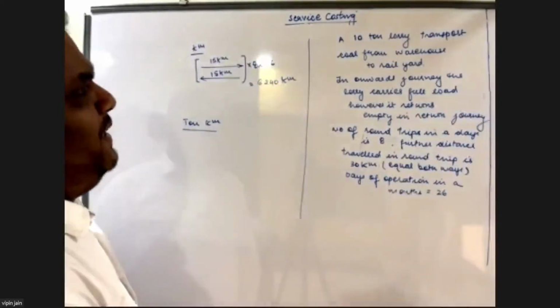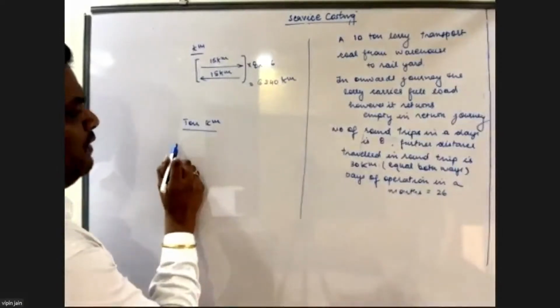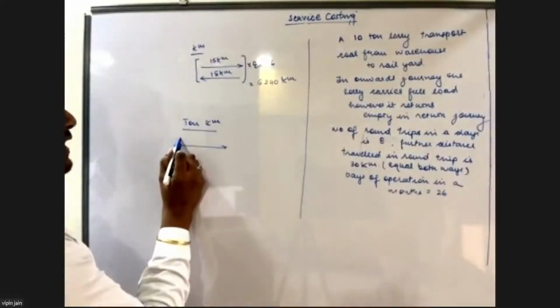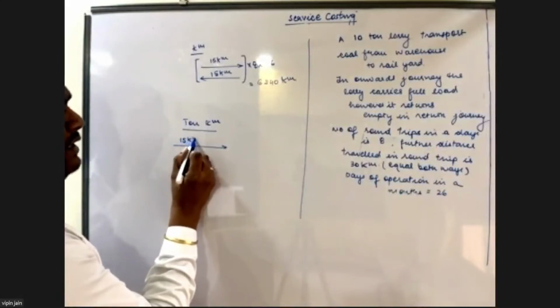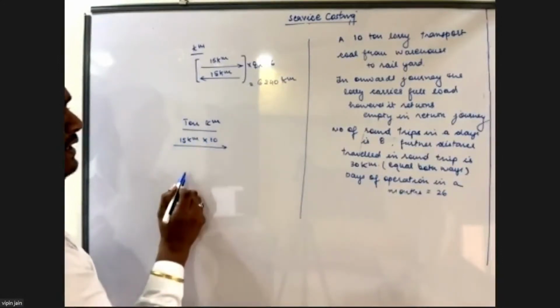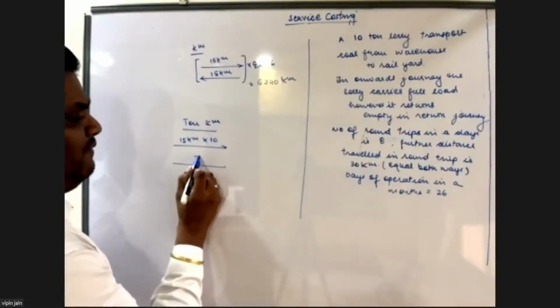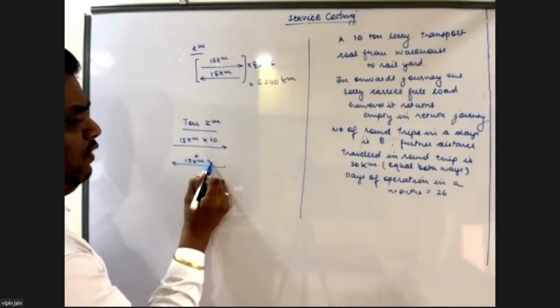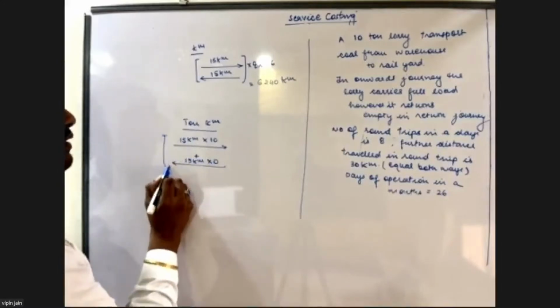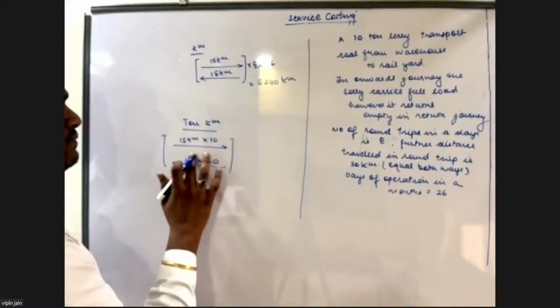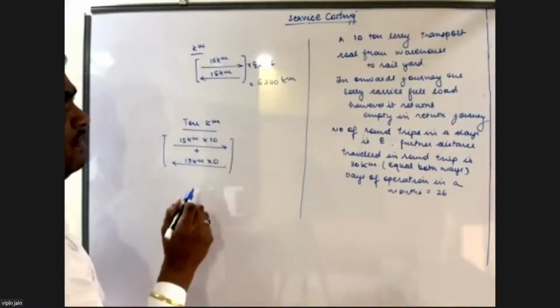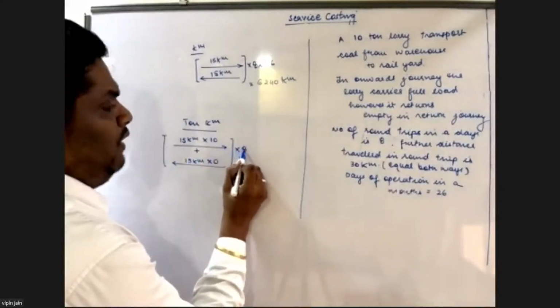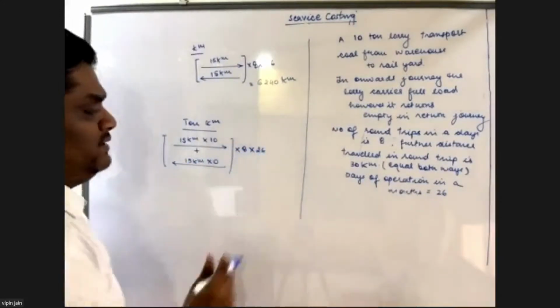But when talking about ton kilometer, in the onward journey they are traveling 15 kilometers with a full load of 10 tons. But in the return journey, they are again traveling for 15 kilometers with 0 tons. Into 8 into 26.